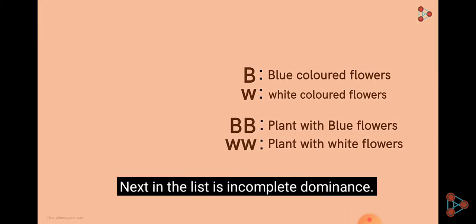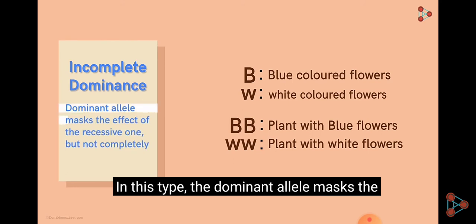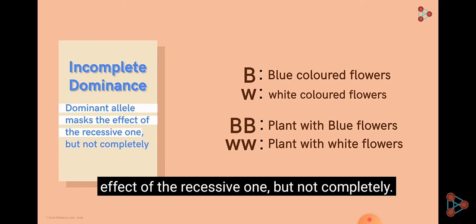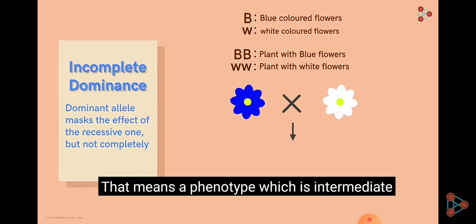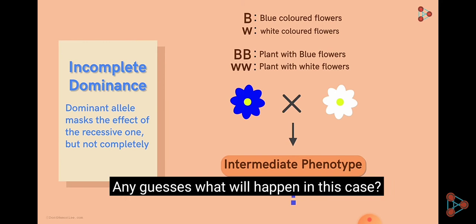Next in the list is incomplete dominance. In this type, the dominant allele masks the effect of the recessive one, but not completely. That means a phenotype which is intermediate of the two parents is obtained in the F1 hybrid. Any guesses what will happen in this case?